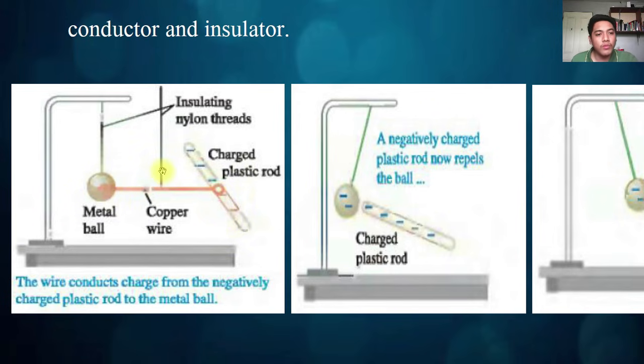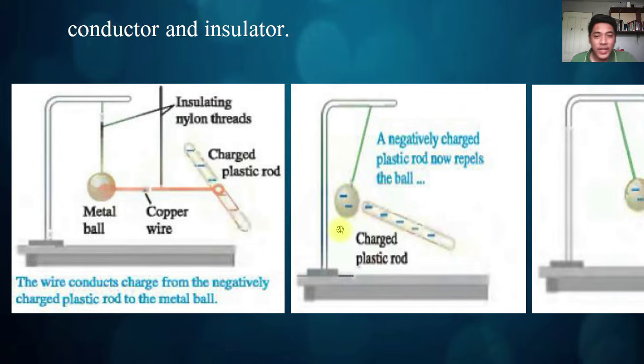So if we now remove the copper wire, this negatively charged plastic rod is still negative. And since the metal ball gains another electron, or negative electric charge, after the charging process of conduction the metal ball now becomes negatively charged.